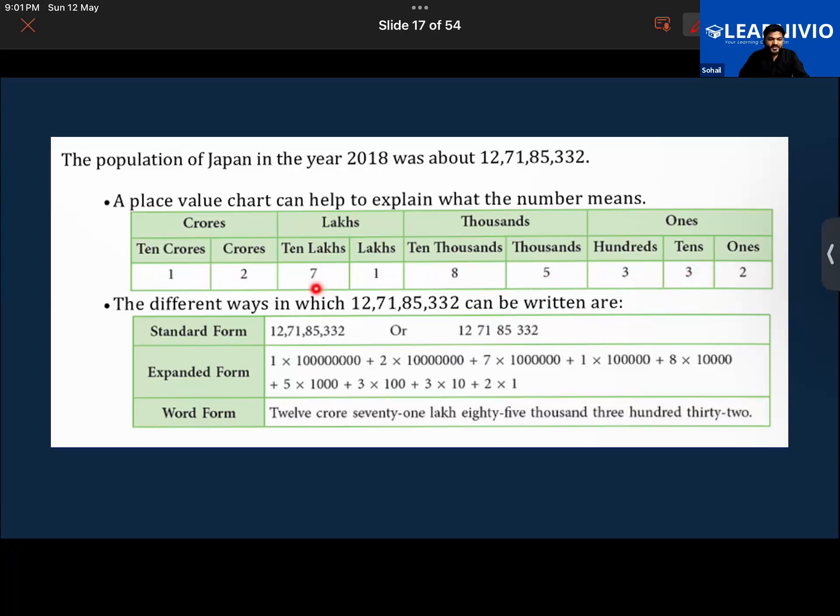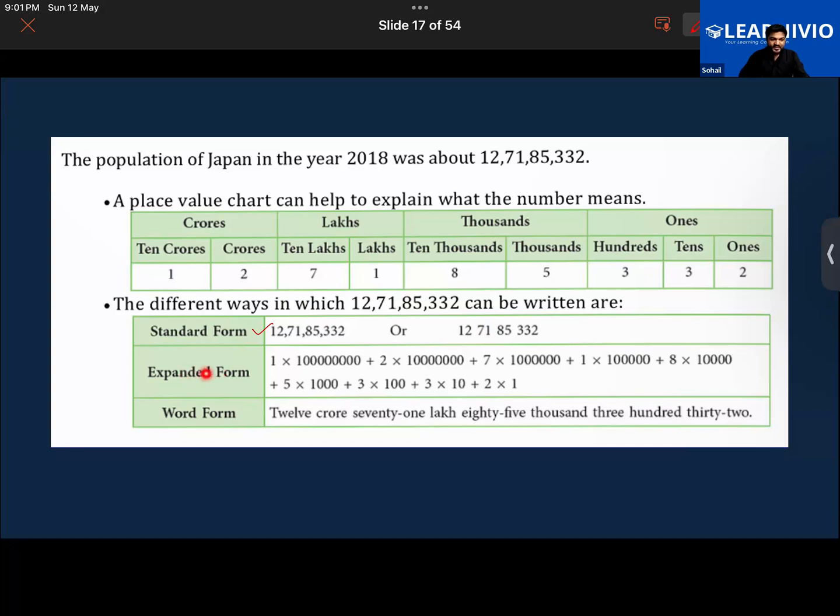Now, there are different ways in which this number can be written. For example, in the standard form, it is usually written in this format, where between 2 periods you have placed commas. Sometimes it is written like this also, but the first one is the most accepted way to write numbers in the standard form. So far, I hope it is clear to everyone.